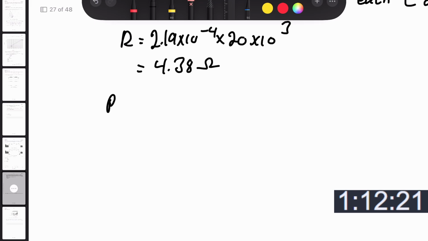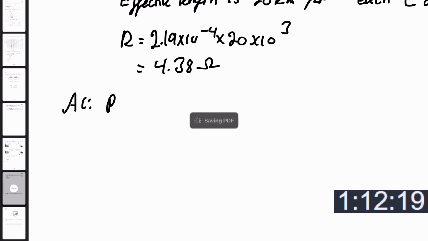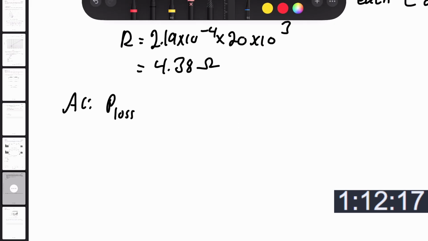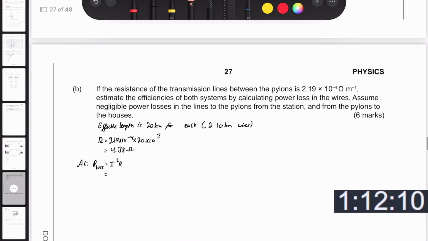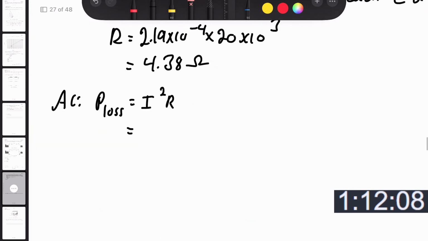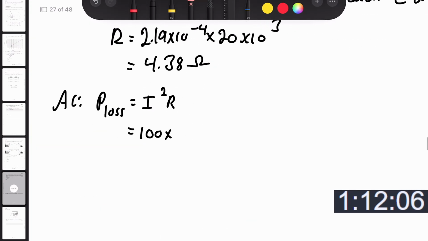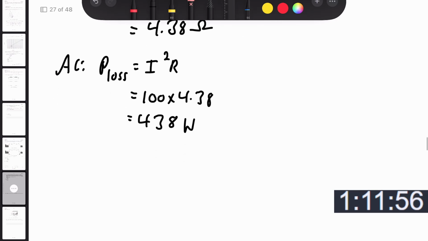So, let's do AC. P loss is going to equal I squared R. And for AC, it was only 10. So it's 100 times 4.38, which is equal to 438 watts of power.